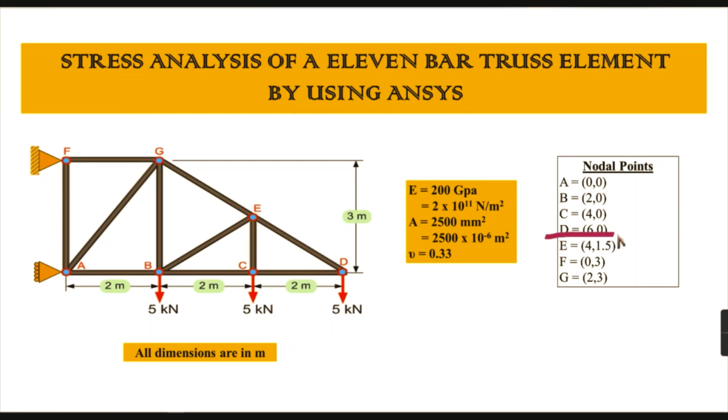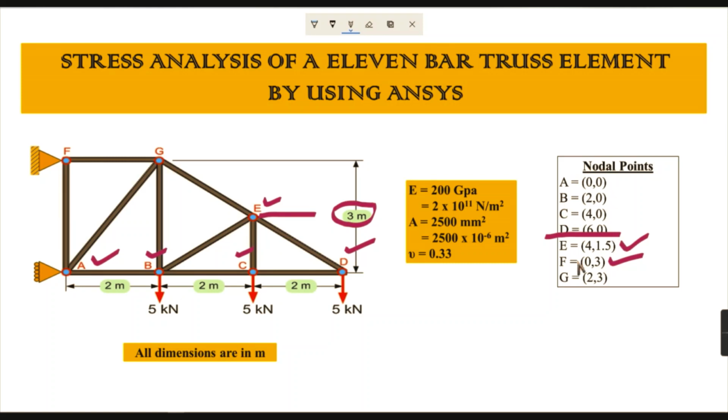Up to here we just calculated A, B, C and D, and you can easily find point E. The height is 3 meter, so assume that it should be half of this 3 meter, that is 1.5 meter, so the length is 4, 1.5, so that is the point of E. And you can go for F and G. F should be 0, 3, and G should be 2, 3.